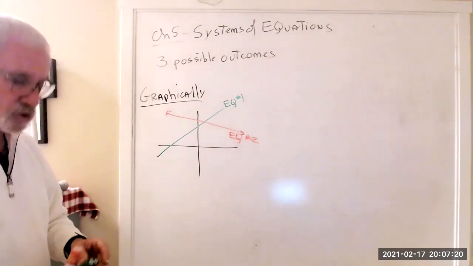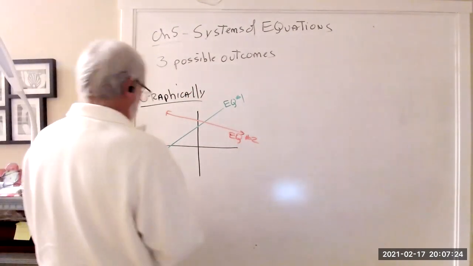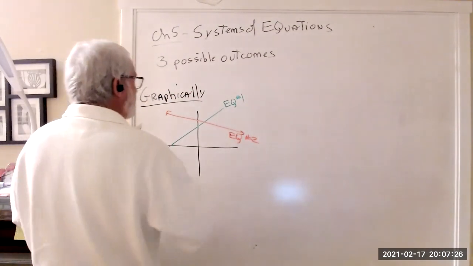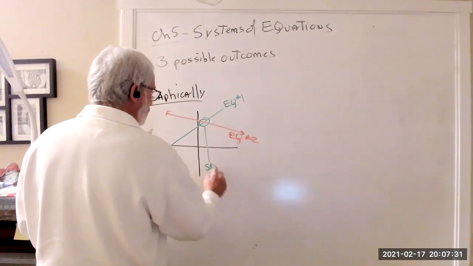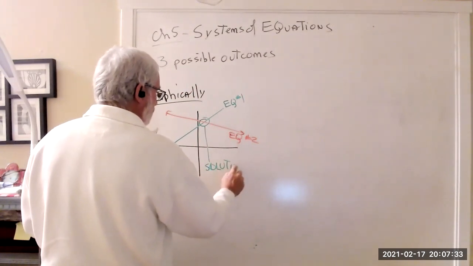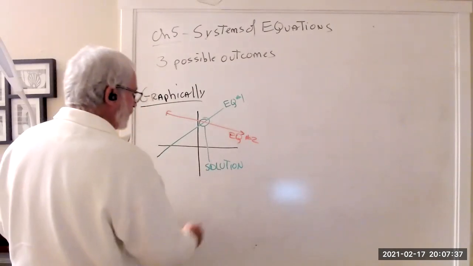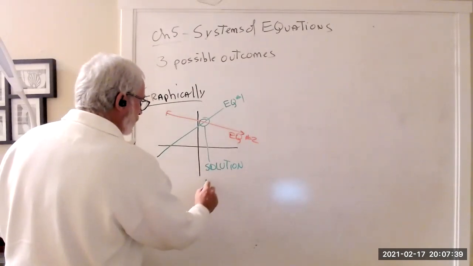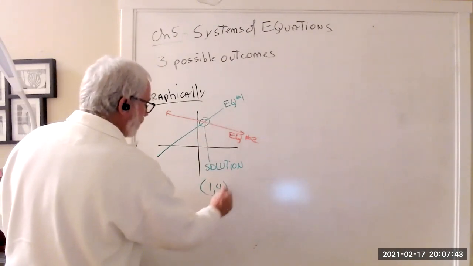Then the answer is where they cross. Okay. This point right here is the solution. Okay, it's the solution where they cross. And so the answer would be something like, I don't know, I'm guessing at that, 1,4.